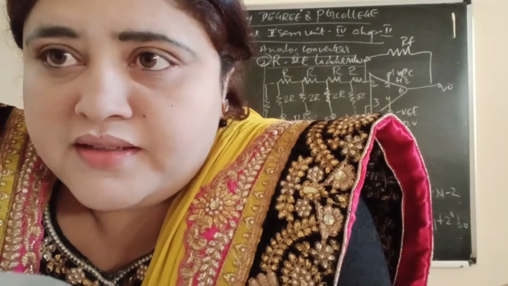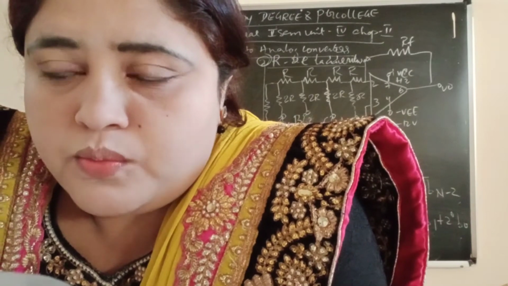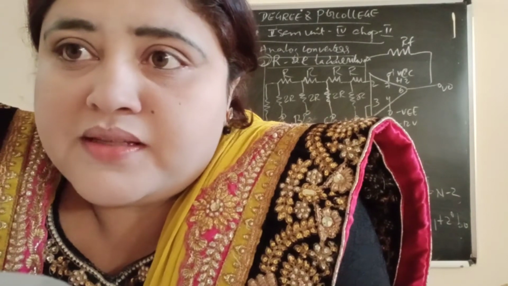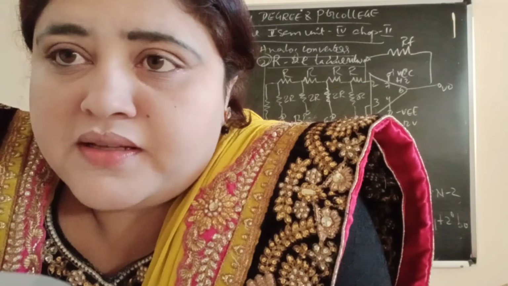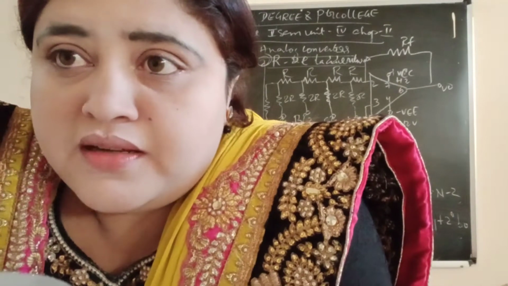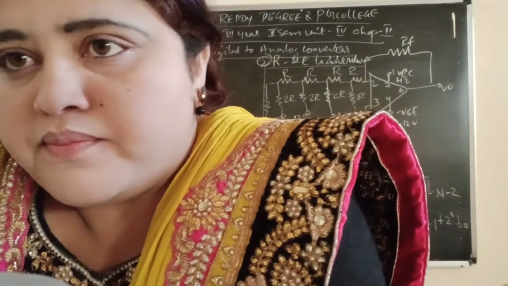Second pin is inverting, third pin is non-inverting, and sixth pin is output. It has 8 pins. Seventh pin is plus VCC, and fourth pin is minus V. So this is your op-amp, and in voltage type converters we will use op-amp.